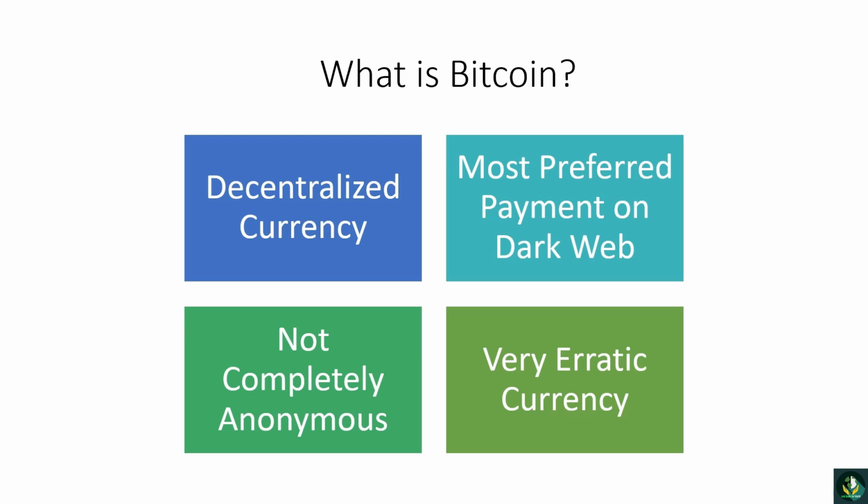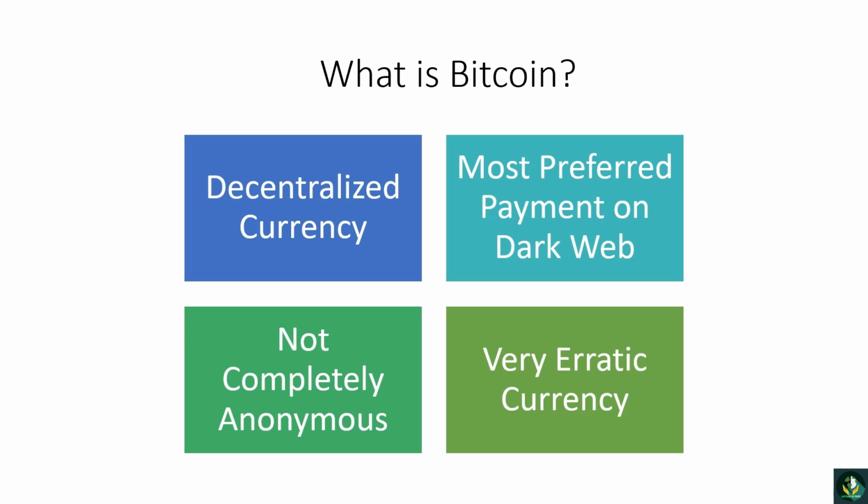In terms of anonymity, you have to understand that Bitcoin is not completely anonymous. It's not completely hidden behind any shadows. However, it is much more anonymous when compared to your credit card, and I'm going to get to Bitcoin mixing in a future lecture, so you can then understand it in detail.